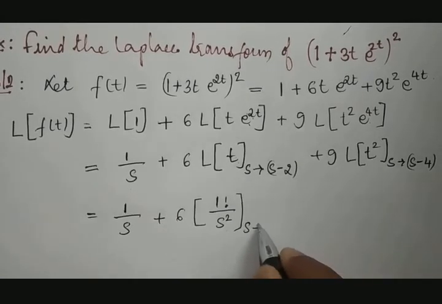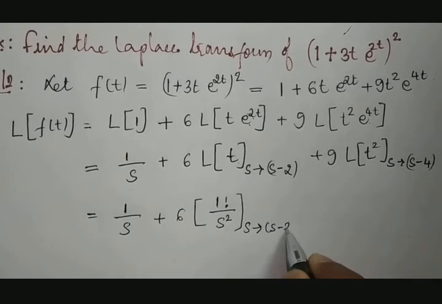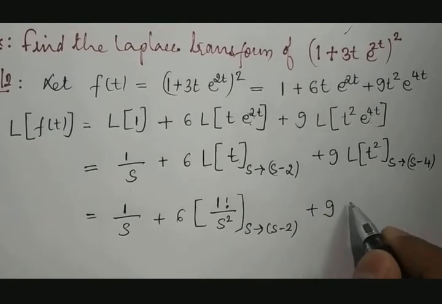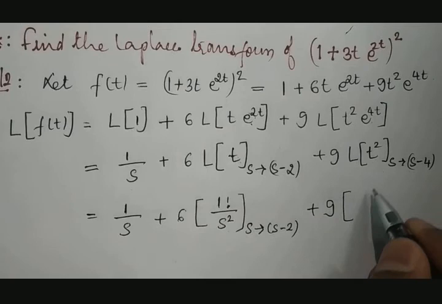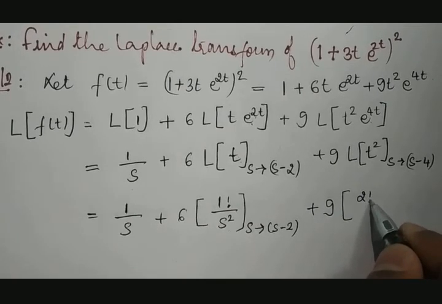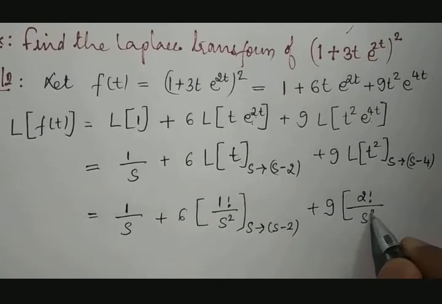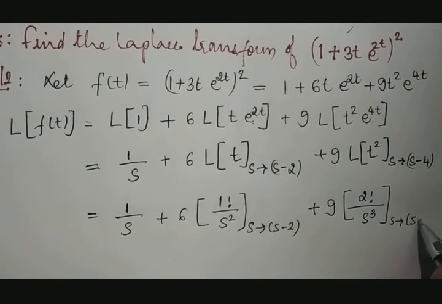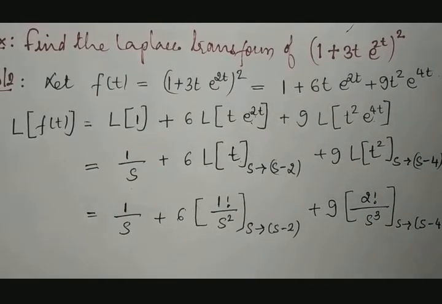Where s is not yet replaced, still it is going to be replaced in future. Plus 9 times, what is the Laplace transformation of t square? That is 2 factorial divided by s cube. Where still s is not yet replaced, it is going to shift afterwards.